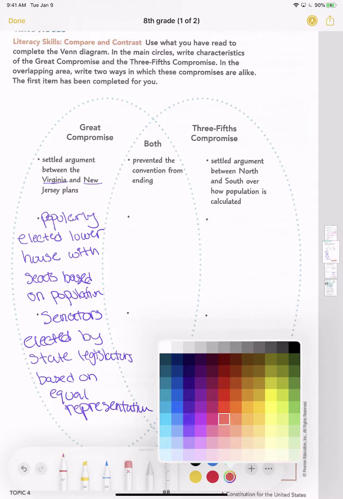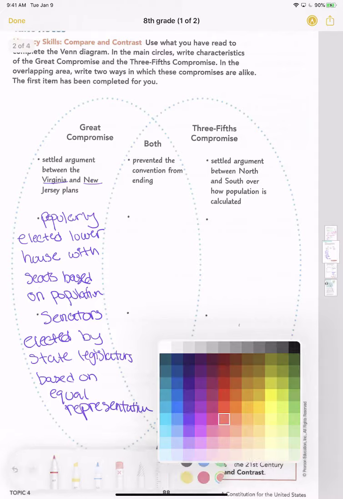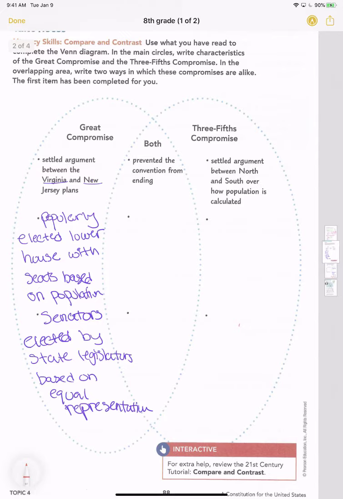All right. So the Three-Fifths Compromise, we all know it was an issue of slavery, right? And this settled the argument between the North and the South over how population is calculated, all right? So this is the issue of slavery, North and South.